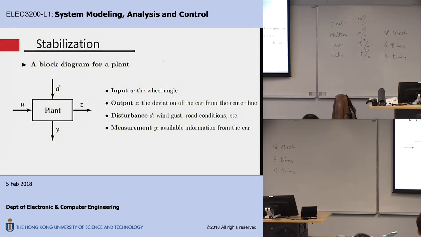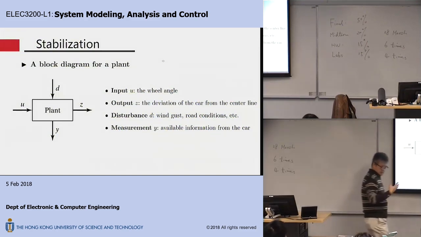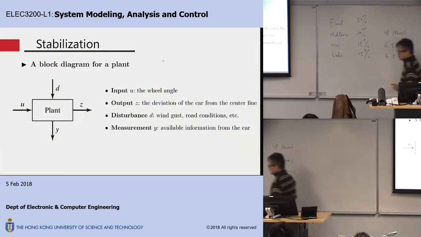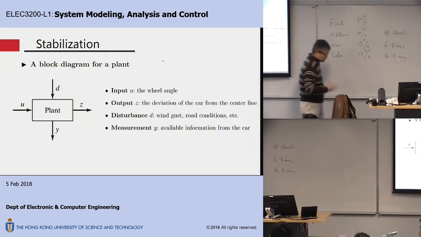Measurement is a variable which can be sensed, which can be measured. You can build a sensor to measure. We often hear sensors, like a temperature sensor. In this room, we have temperature sensors, and we have speed sensors, velocity sensors.